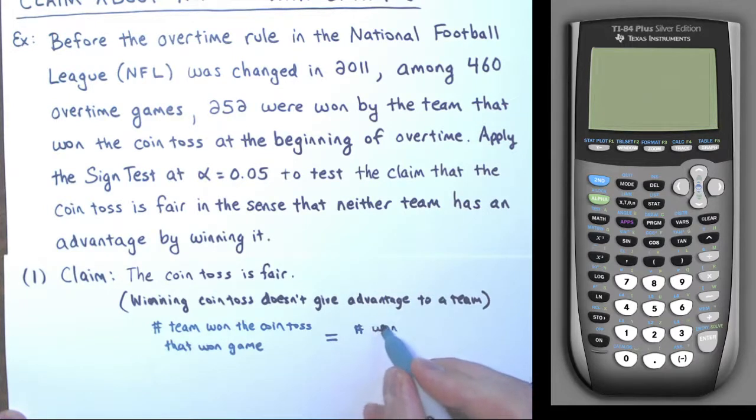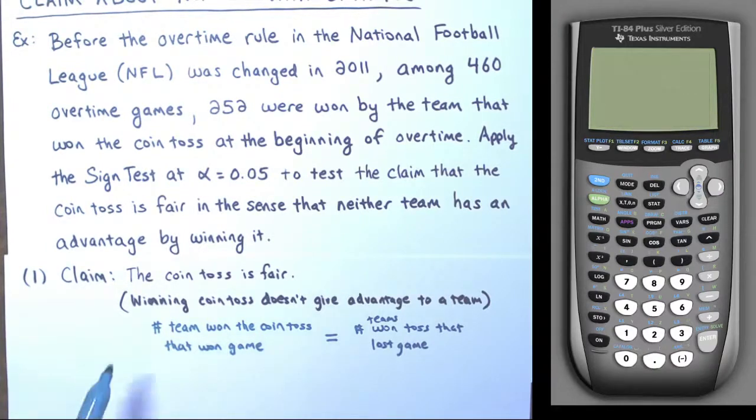Same number. Right? We're expecting that these are equal, is what they're saying by the coin toss is fair. That winning the coin toss gives you no advantage either way. You have the same chance of winning and losing the game if you win the coin toss.